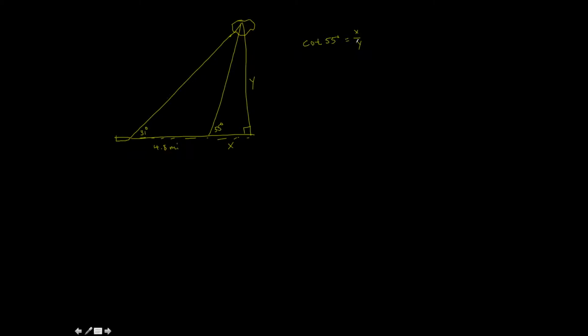Now, why are we going to solve this for x? Some of you are going to be thinking, well, tangent relates two sides. Well, we chose cotangent here because we want an easy way to solve this for x. All we have to do to solve for x is just cross multiply. And you're thinking to yourself, well, Mr. Francis, why did you solve for x then? Well, I solved for x for this reason.